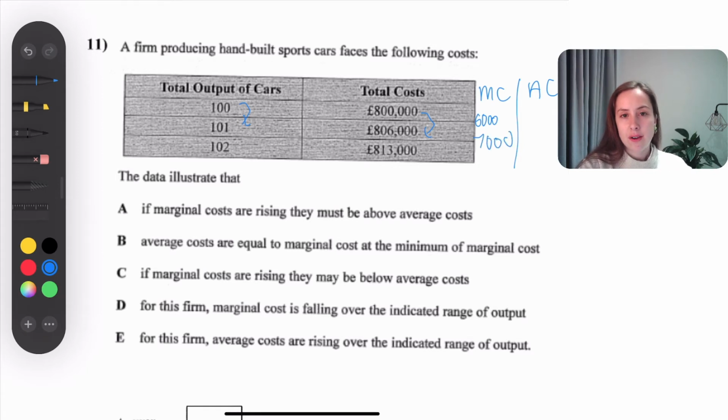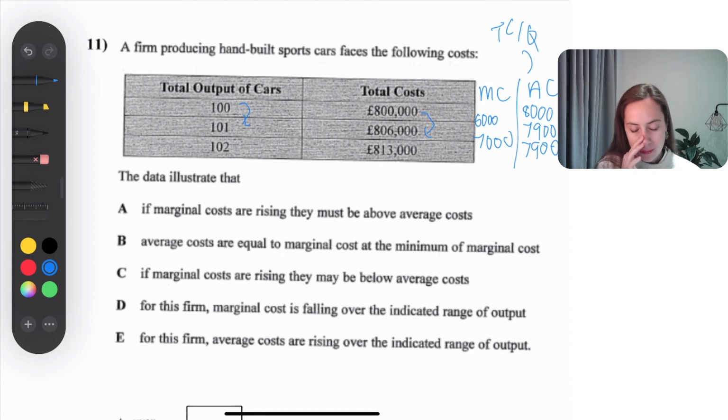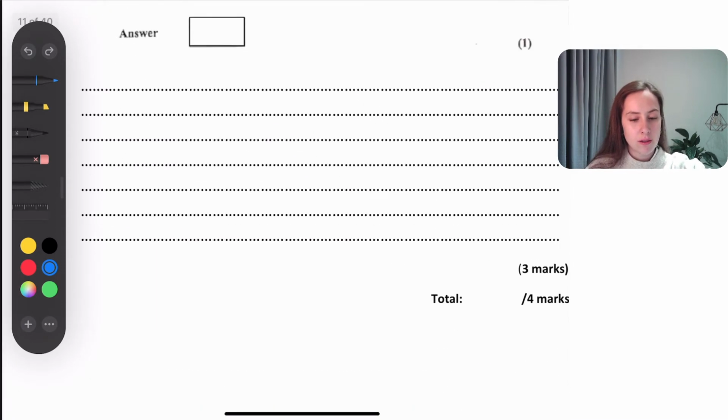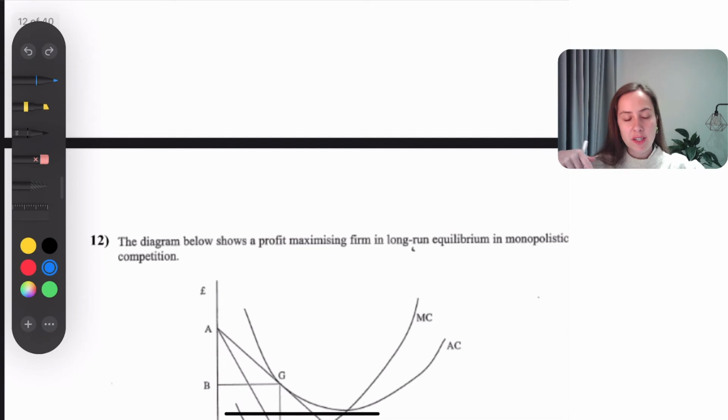And then you can work out your average costs as total cost over quantity, so 8,000, and not too sure what this is, but I think it's like 7,900-ish, or a bit lower. So then the answer is going to be your marginal cost is lower, but rising. C. Marginal cost is increasing, but at all times it is lower than the average. Got the explanation for that below.